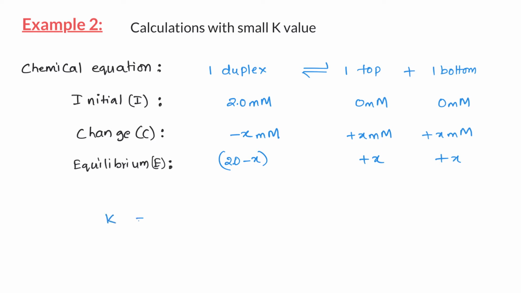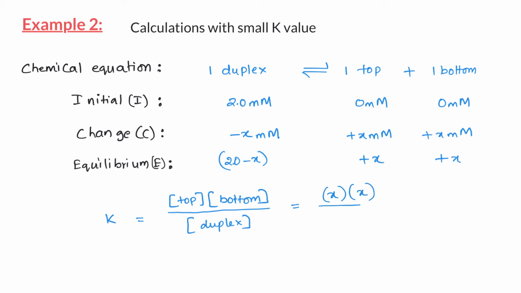Next, let us set up the equilibrium constant expression K. For this reaction, equilibrium constant K is equal to the concentration of top strand times the concentration of the bottom strand divided by the concentration of DNA duplex at equilibrium. According to the reaction table, the concentration of top strand at equilibrium is x molar and the concentration of bottom strand at equilibrium is also x molar, and the concentration of duplex DNA is 2.0 minus x.